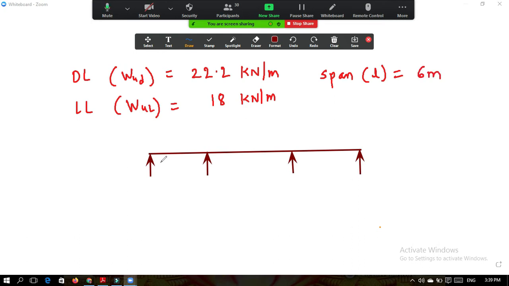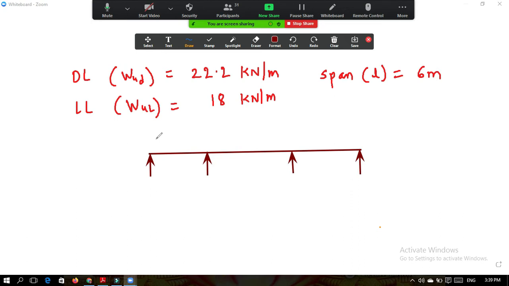At the end span and at the middle span, in the end span at middle, and at the support next to the end support. Okay, and at interior span also at the middle and at interior support we are going to calculate the moment.